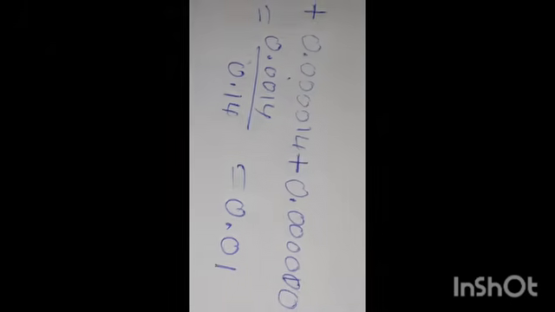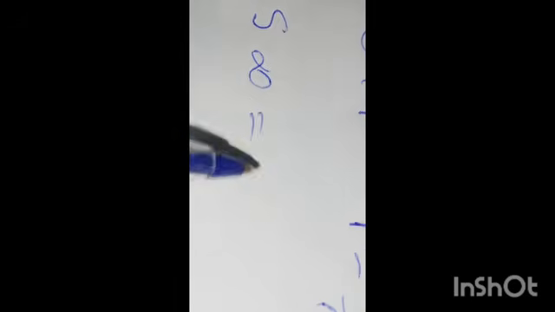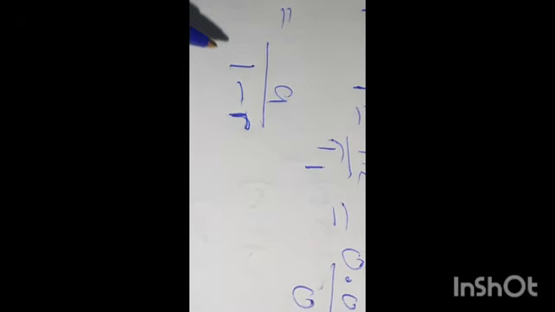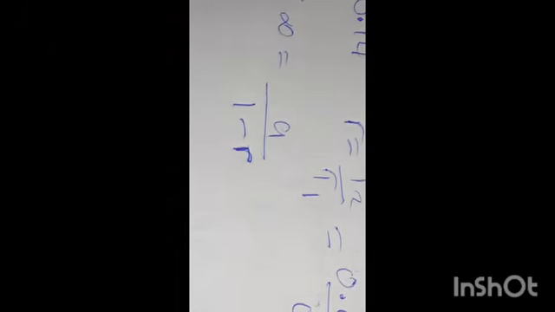Now the question says find its sum to infinity. The sum to infinity is given by a over 1 minus r, provided that r is less than 1.